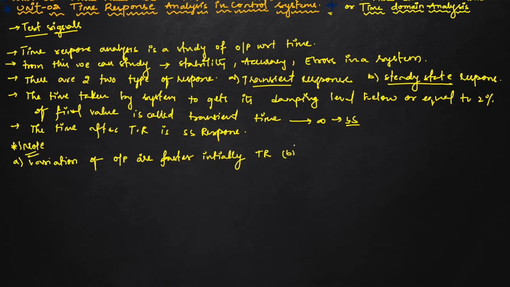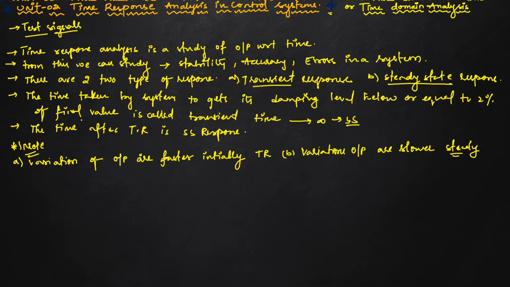Coming to point B, the variations of output are slower in steady state. By the name itself you can decode that it is steady, so the amount of variations observed in the output is very small.